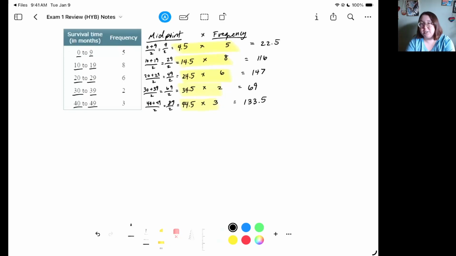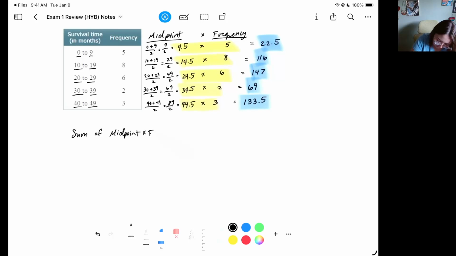So now what we're going to do is take all of these values and add them all together. So we're going to take the sum of the midpoint times frequency. We're going to take that 22.5 and add it to that 116 plus 147 plus 69 plus 133.5.